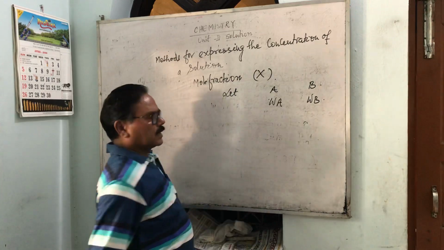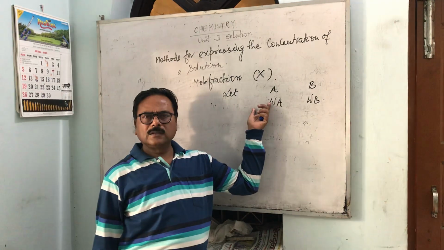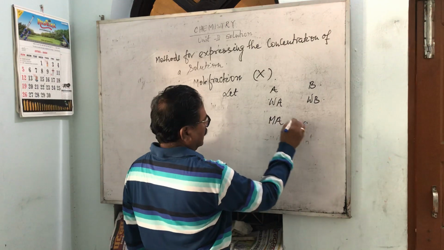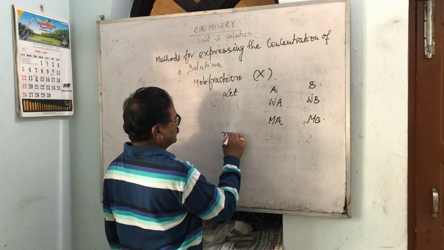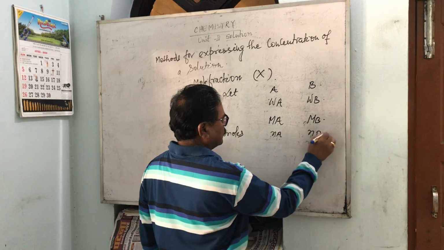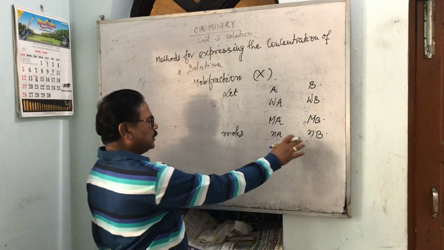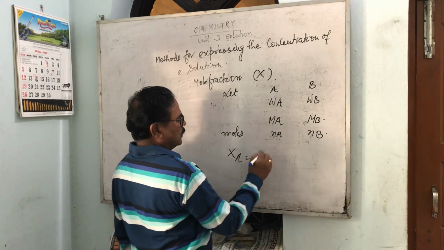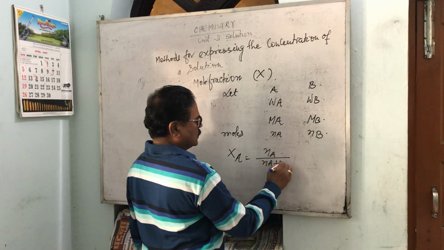As per our concept, we always consider B as the solute and A as the solvent. Now MA and MB. Let the moles be NA and NB. So XA is equal to NA by NA plus NB.